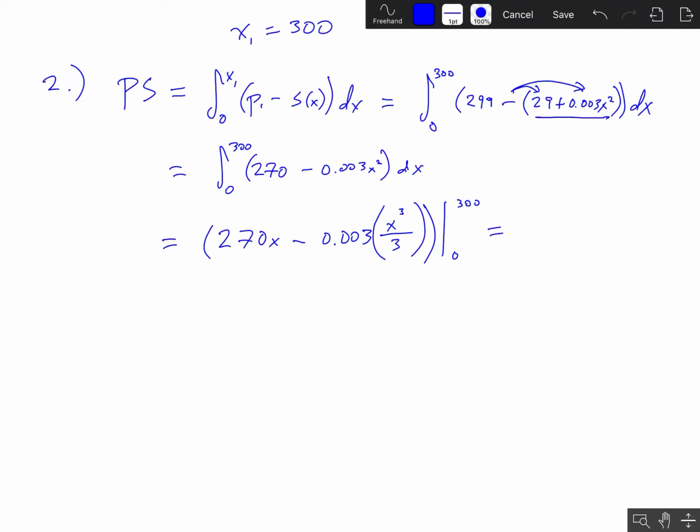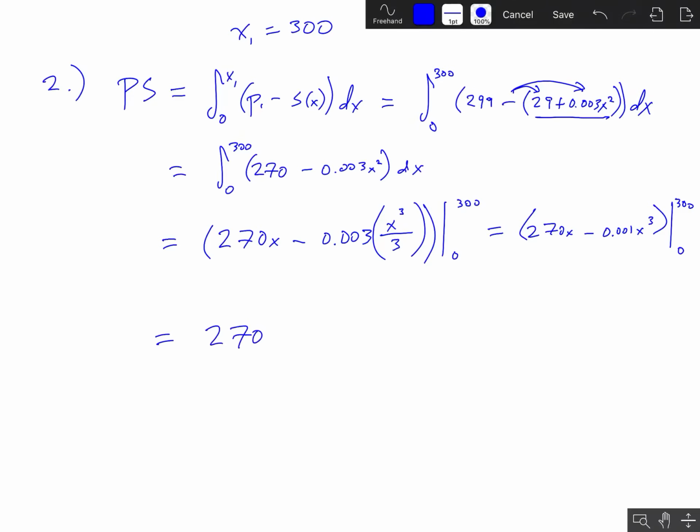If you wanted to, you could clean this up a little bit more. For example, you have a 0.003 divided by 3. So you could simplify this so that it looks like 270x minus 0.001x cubed, if that's easier to type into your calculator. But we still need to evaluate from 0 to 300.